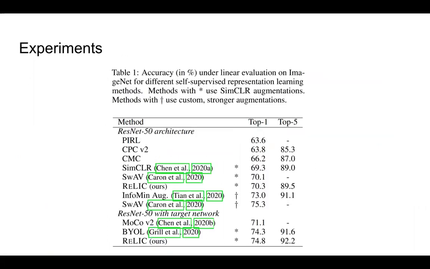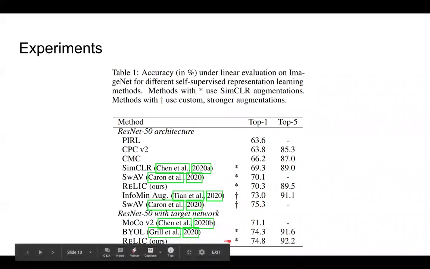Okay, let's see the experiments, but maybe we don't need to focus too much on the experiments, because the first one just shows it can improve the general self-supervised learning task. Let's see here the RELIC, representation learning with environmental causal mechanism.